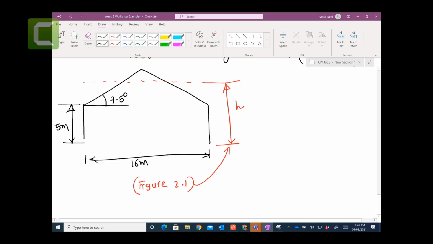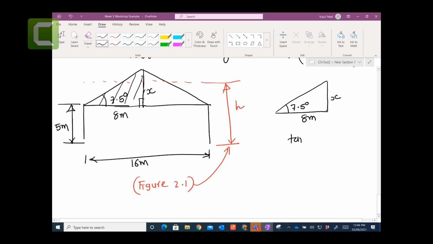Now if I draw this triangle here, which is a right angle triangle, let's say this is 7.5. Let's say I want to find this little height here, X. And this is 8 meters, by the way, because you have another 8 meters here. So tan 7.5 degrees equals opposite over adjacent, so X is equal to 8 times tan 7.5, which gives you 1.05 meters.